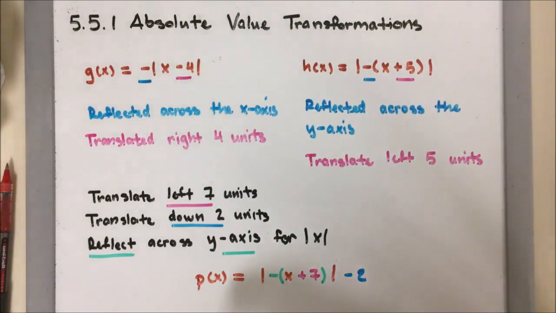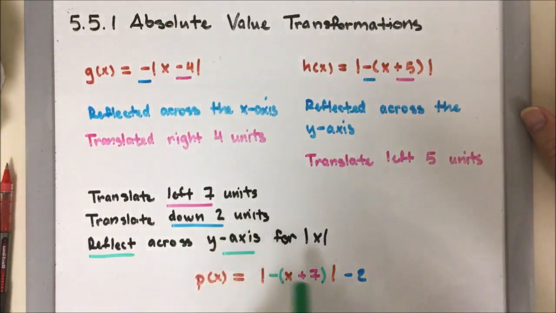So my answer is p of x equals the absolute value of negative of x plus 7 and then minus 2. So that's my answer. So be extra careful whenever it says reflect across the y-axis. In the event you do have a number inside with the x, then when you put the negative, make sure to include parentheses on the x and the number.